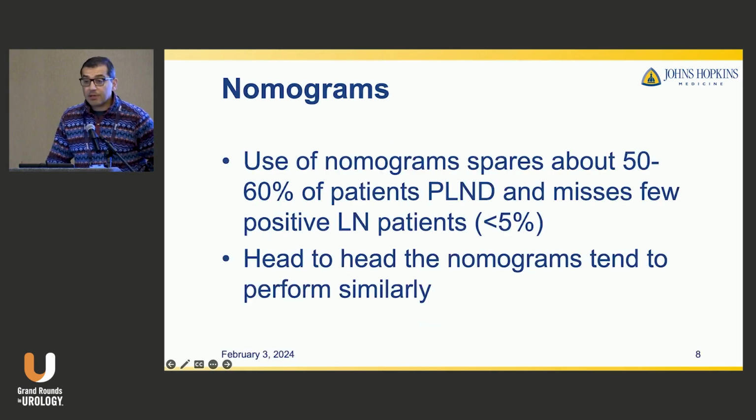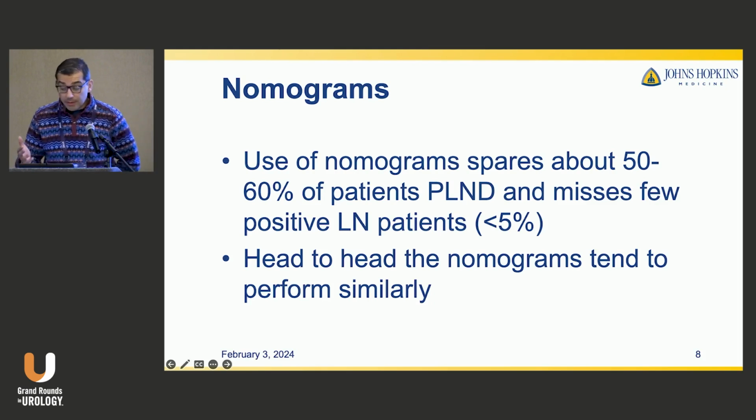The nomograms are actually quite good, and while we could debate the merits of one versus the other, there's enough literature on each to suggest that they perform similarly in their prediction of positive lymph nodes. Obviously, they're calibrated in different populations, so take that with a grain of salt.